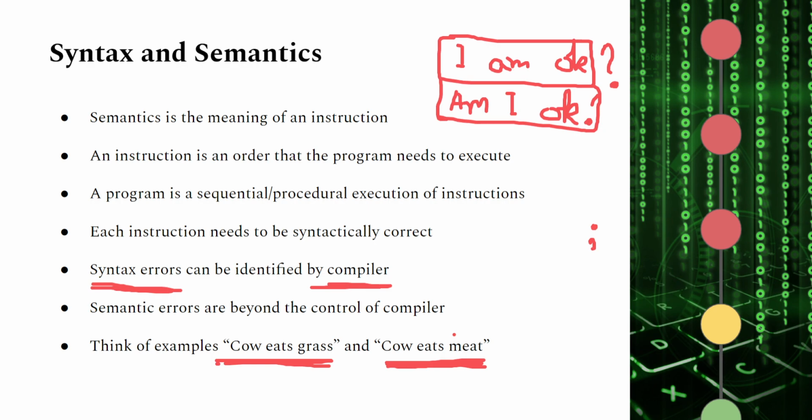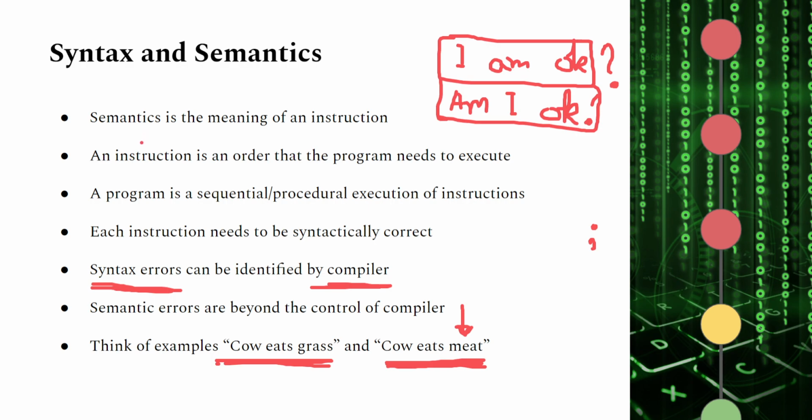It's completely correct. It's only illogical that a cow would eat meat. So this sentence is also incorrect in that sense, and this type of mistake is called a semantic error. There is no specific set of rules we can use to differentiate this from the correct one.